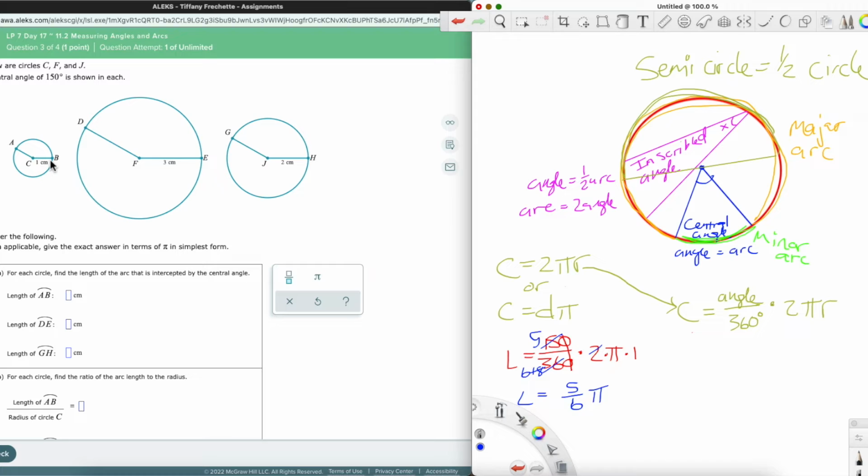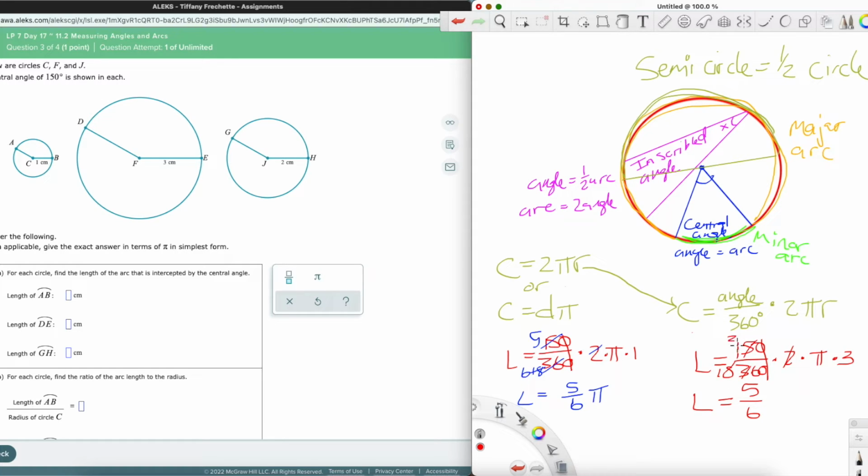And then I'm going to find the length of the next piece. And if you notice, the pieces that I reduced are going to be exactly the same. So I'm going to have 150 over 360 times 2. What's going to change is the radius, which for this one I'm going to multiply by 3. So I'm going to end up with this exact same piece here, because these are going to reduce the same way that I did on the last one.